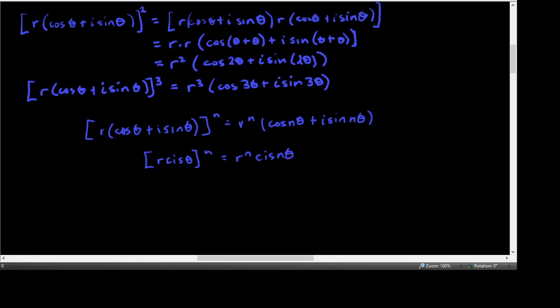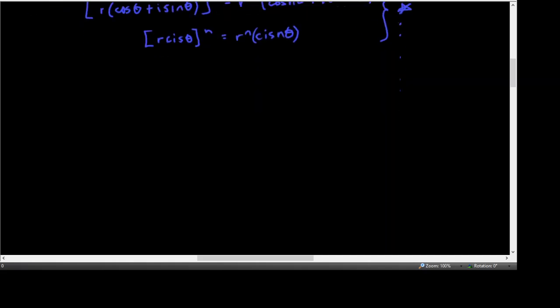And so that's a nice pair of formulas that you should probably make sure you know, commit to memory. All right, let's do an example.